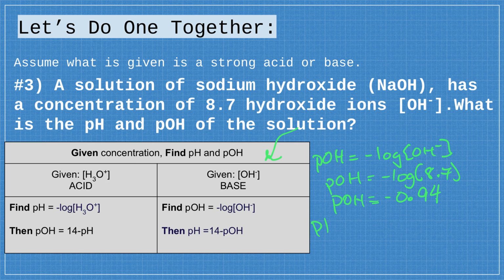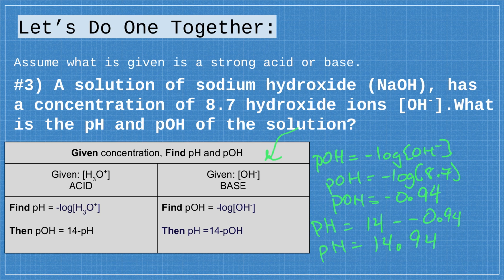And so my pH is going to be equal to 14 minus negative 0.94. And so my pH is equal to 14.94.